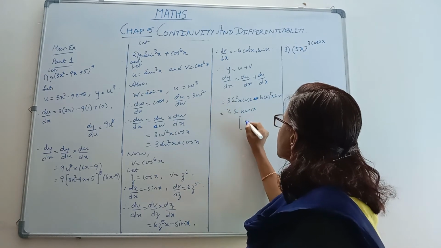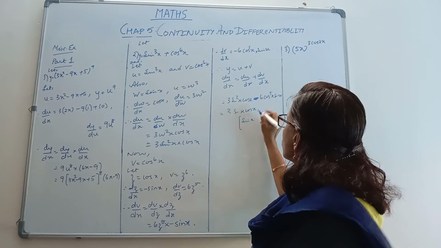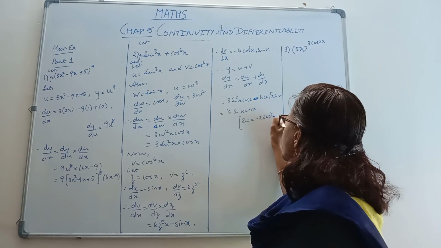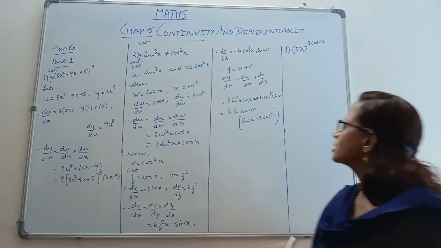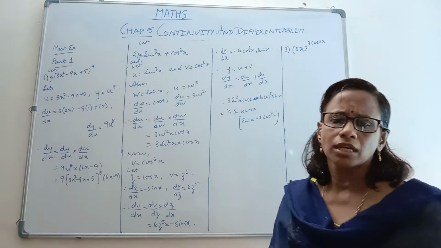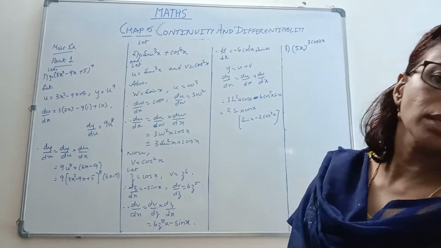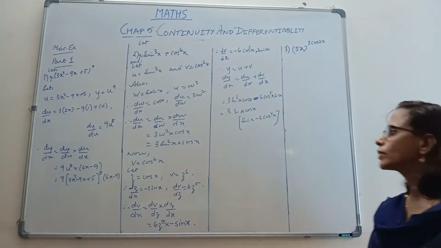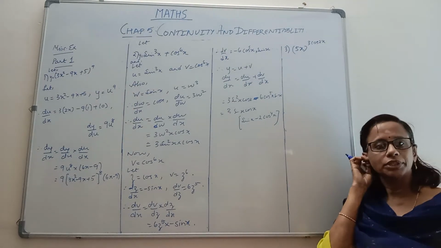So what remains here? 1 sin x. What remains here? 2 cos raised to 4x. Isn't it? Yes, that's your answer. 3 sin x cos x. Yeah, might as well check. That's how we do it elaborately.